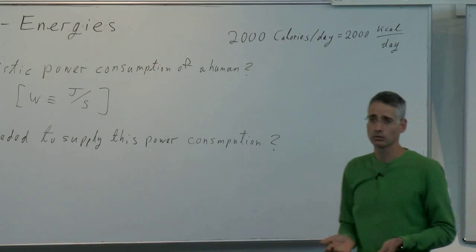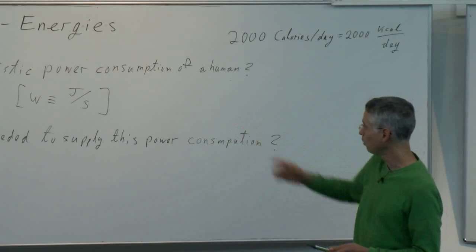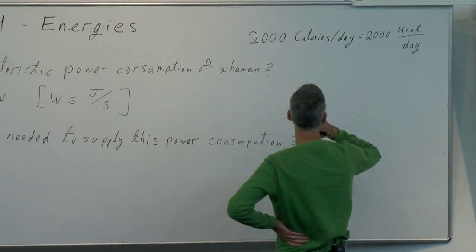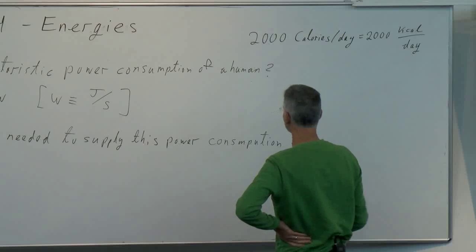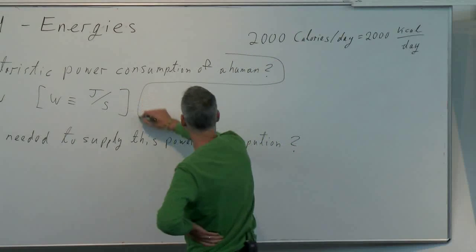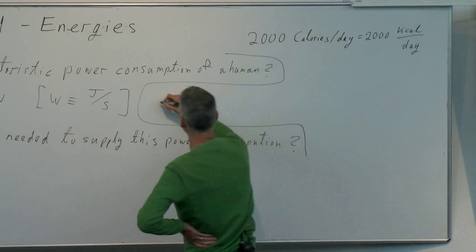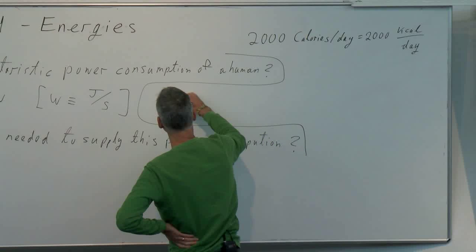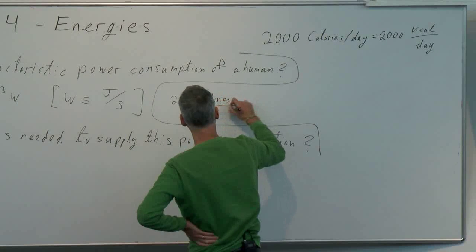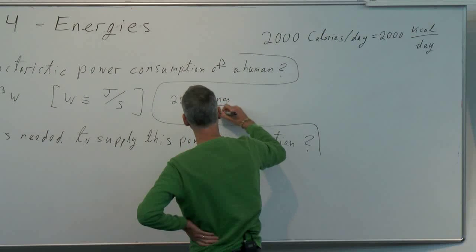Now we want to move from that to the watts, and it's similar to how we usually do things. We just need to do the right number conversion. So let's do it here. We have 2,000, the big calories that we started with, per day.